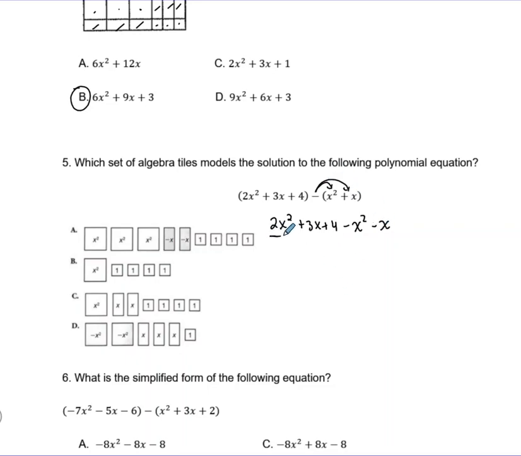So 2x squared minus 1x squared is 1x squared, so just x squared. 3x minus x is 2x, and then just bring down the 4. So I have 1x squared, so looks like it's b. No, actually, it's not that. 1x squared, maybe it's c. And then 2x right here, and then 4. 1, 2, 3, 4. Yep, that's the one.